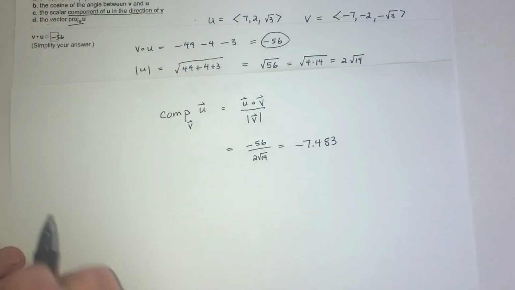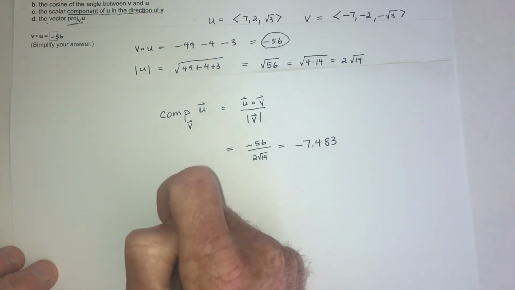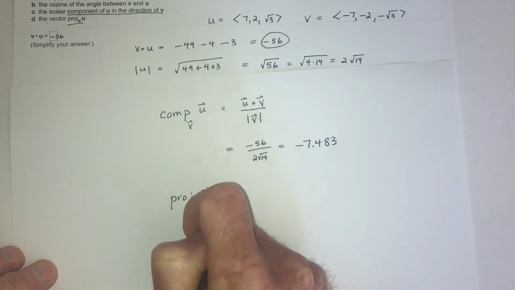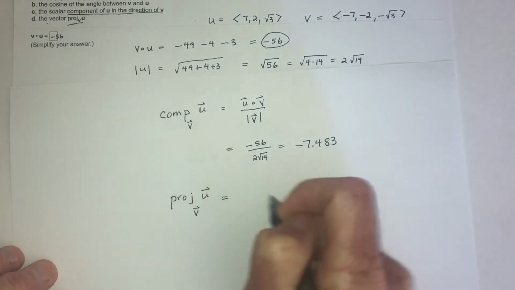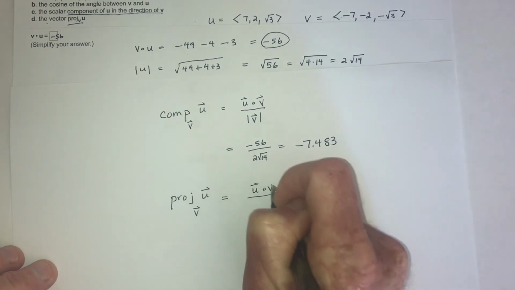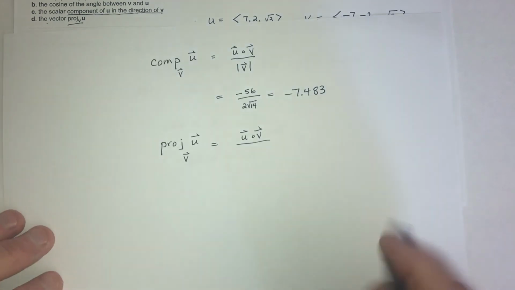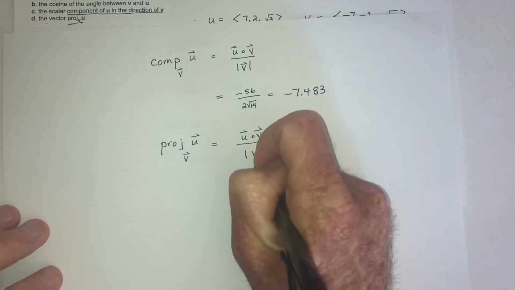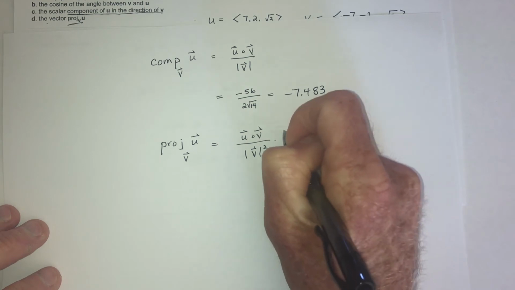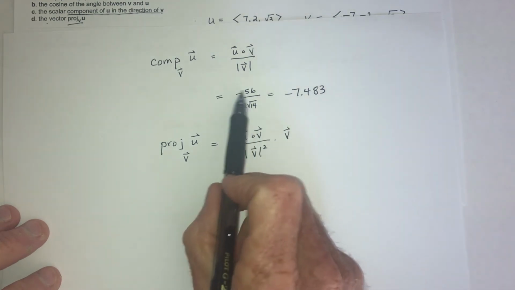Now what about the projection? So the projection of u onto v, that is the dot product, divided by the length of v squared, and then it's times v itself. So it's very similar to this.